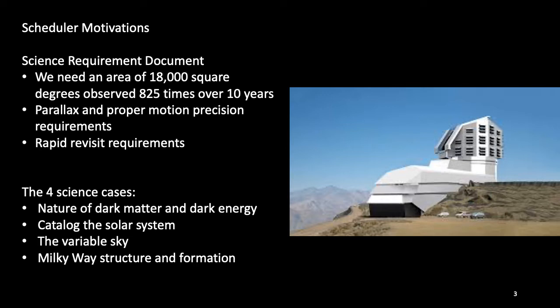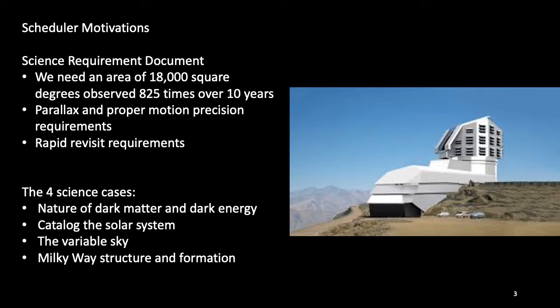There are also requirements on the precision of parallax and proper motion that we need to achieve. And there are some requirements on rapid revisits. Basically, we can't just space our observations out every day. We need some observations that are close together on kind of minute timescales so that we can get all the timescales of the time domain science covered.